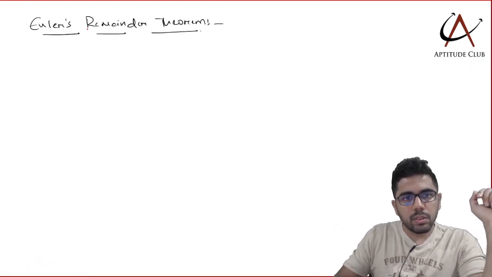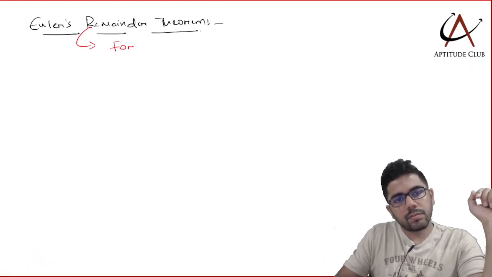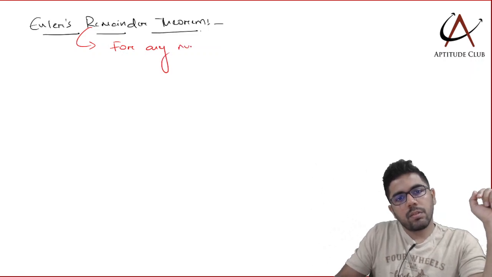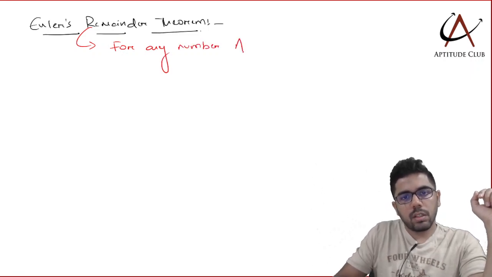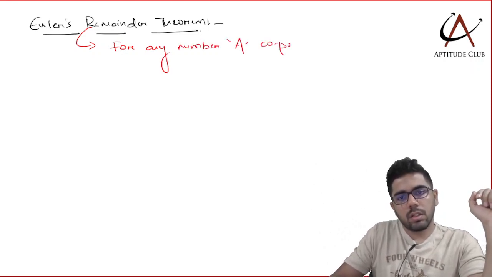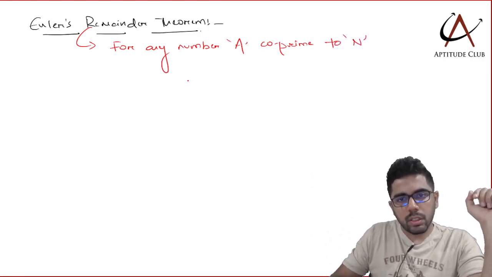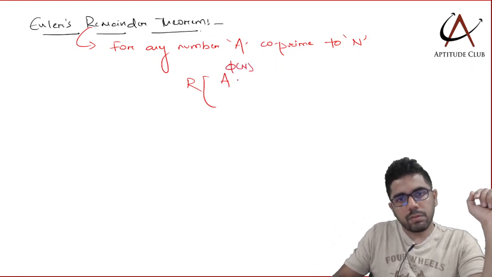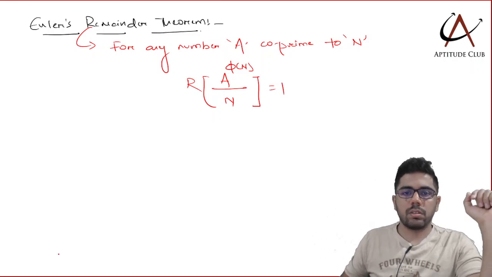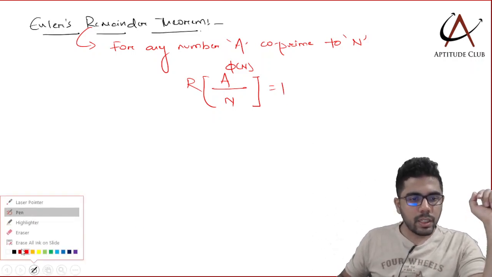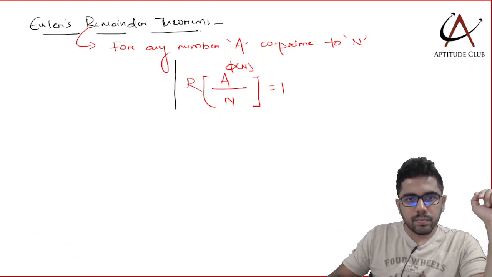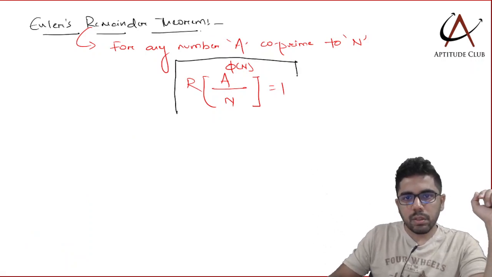But Euler's remainder theorem says for any number a co-prime to n, remainder of a to the power phi n divided by n is 1.